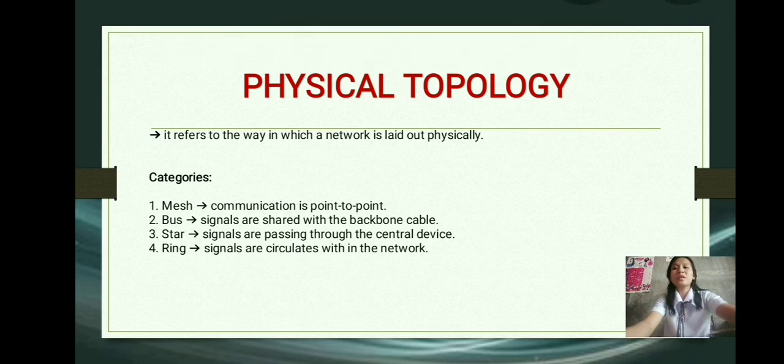The method employed to connect the physical devices on the network with cables, and the type of cabling used, all constitute the physical topology. Topology refers to the way in which a network is laid out physically. So, that is topology.